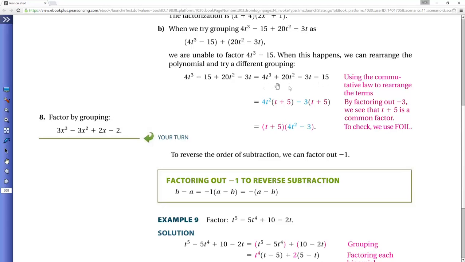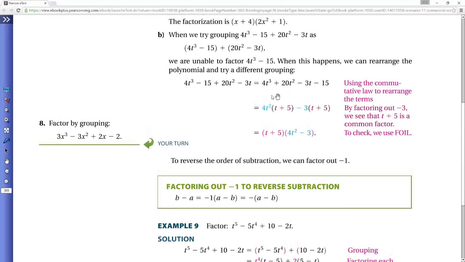It looks easy when they do it, and you might say, hey, that's cool that they saw that. Well, this is the strategy stuff. Look for these things to do this, because when I find common factors in these groups or in this associative property portion, I'm looking for the grouping symbol to be common. Okay? So they change the order using the commutative law to rearrange the terms, and we end up with 4t cubed plus 20t squared minus 3t minus 15.